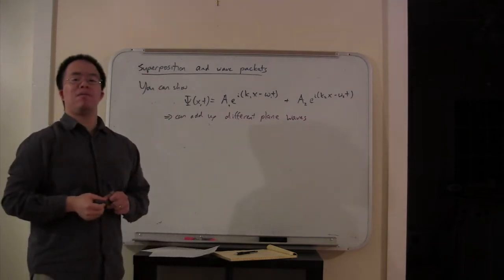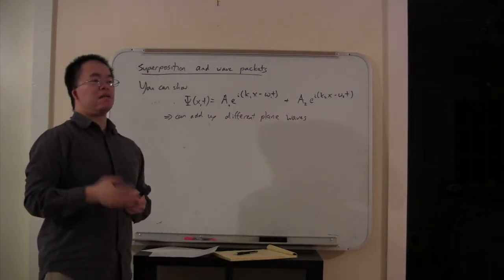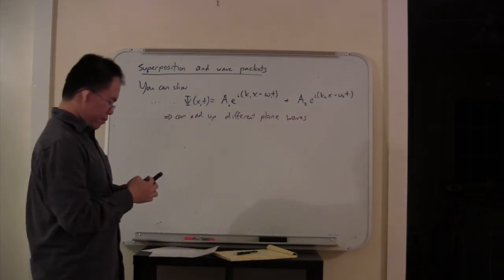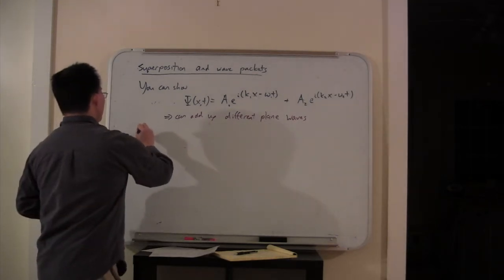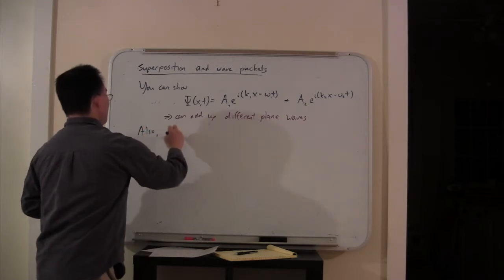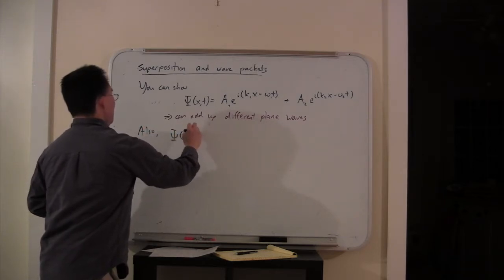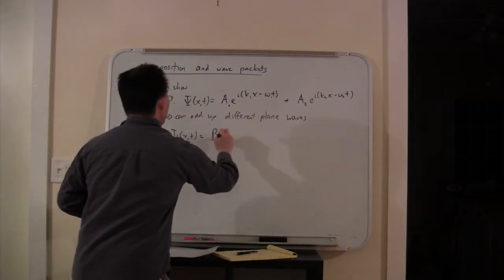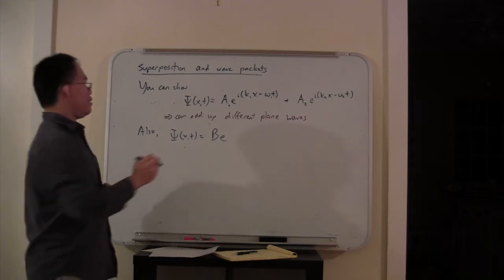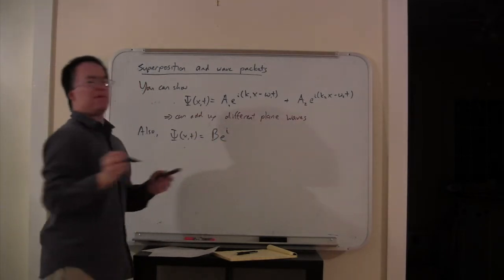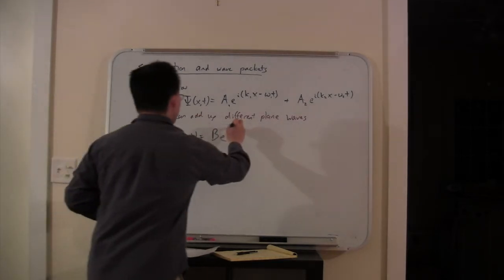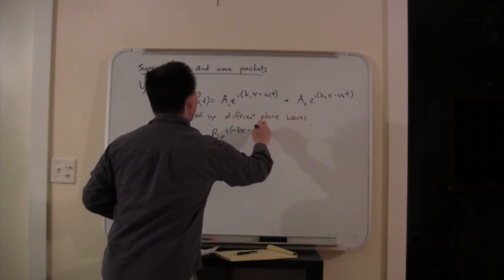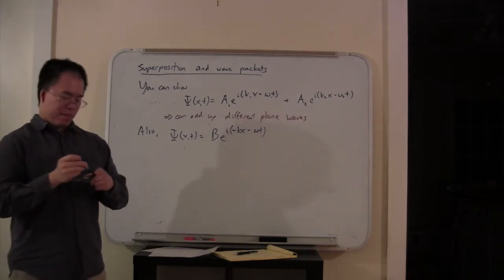Now, these are all plane waves going to the right. We can also add plane waves that are going to the left. Also, psi of x, t equals b e to the i, this time I'm going to write it as (minus kx minus omega t), is a solution.